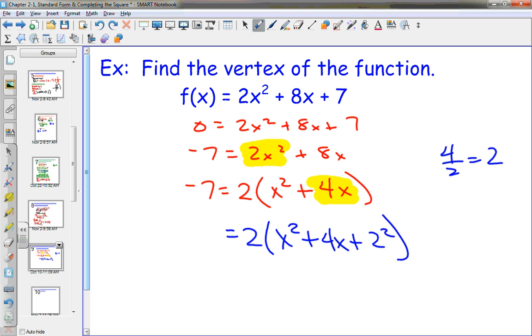What would you do with that 2 on the outside, that a value of 2? You distribute that. So what you're telling me is I actually added not just a 2 squared, but a 2 times a 2 squared. Correct? Do we see that? Yes or no? Okay? So on my left-hand side, I need to bring in there negative 7 plus 2 times 2 squared. Then it's equivalent.